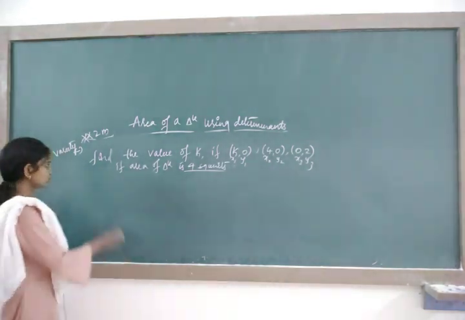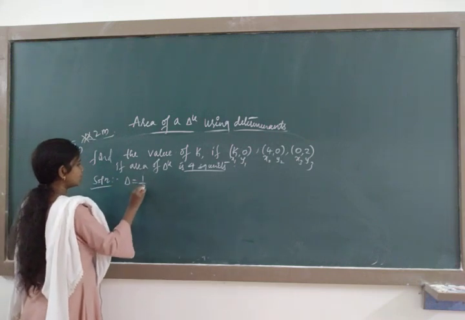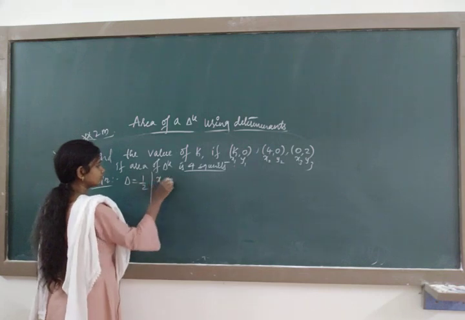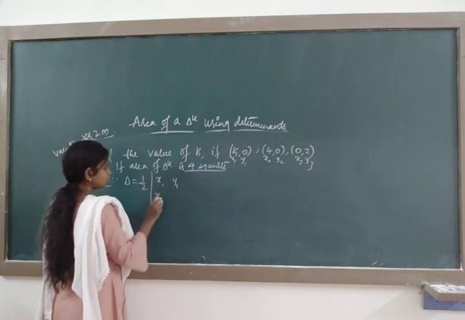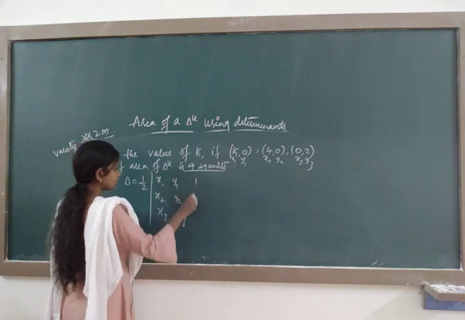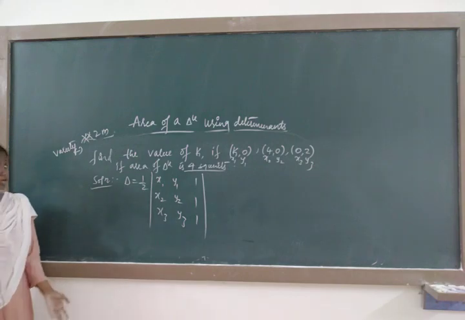We know that formula, delta is equal to half, x1, y1, write x1, y1, then right below this x2, y2, last will be x3, y3, fulfill the third column with 1, 1, 1. It's an easy formula to remember.